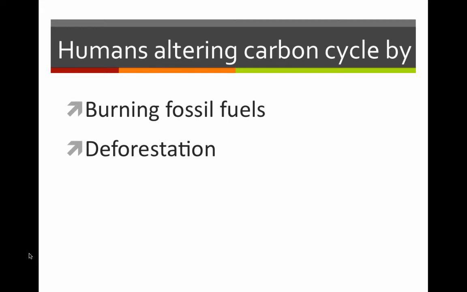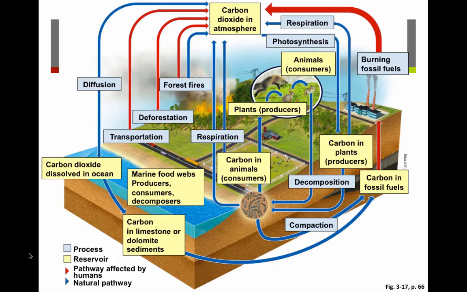And also by deforestation, so carbon is stored obviously in trees and plants because they're organic, and when we have slash and burn agriculture and when we have decomposition, we release again a lot of carbon into the atmosphere. And here's a lovely example of the carbon cycle, and so you can see in red are ways that humans are releasing carbon dioxide back into the atmosphere.